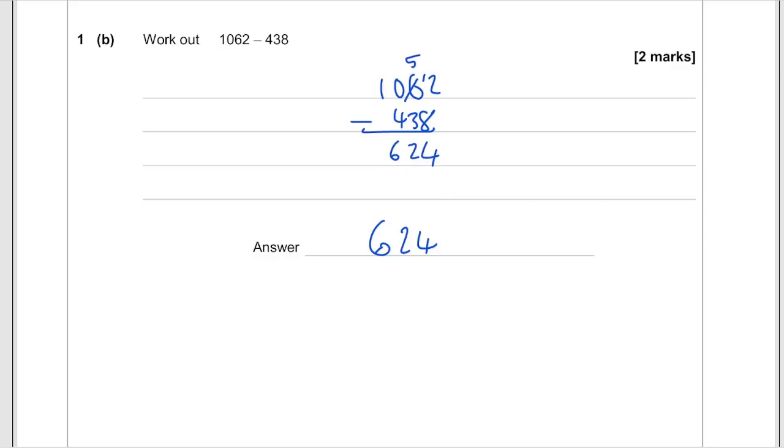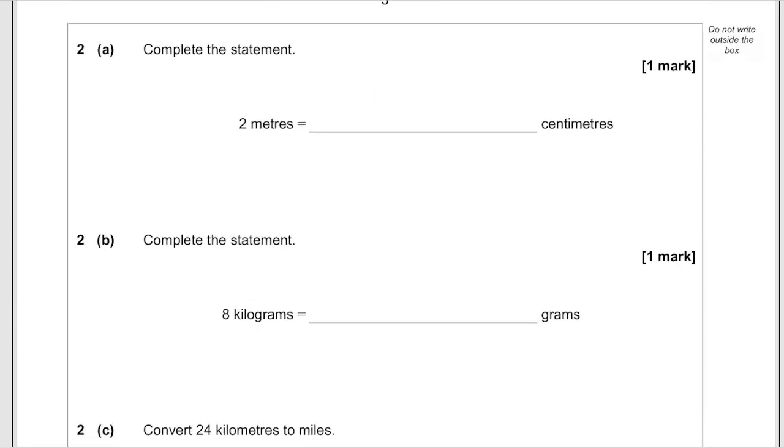Question 3. Or question 2, sorry, 2A. Complete the statement. 2 meters is equal to, well, I think I've got 1 meter is equal to 100 centimeters. So I've got 2 meters this time, so I'm just going to times it by 100.